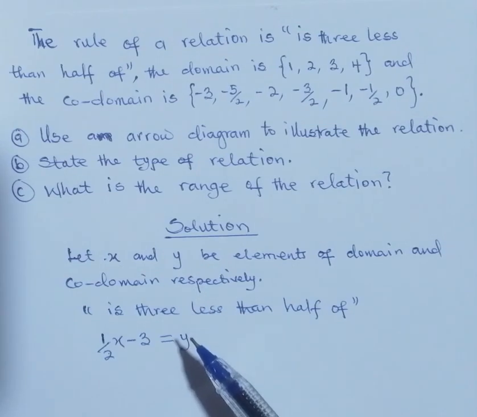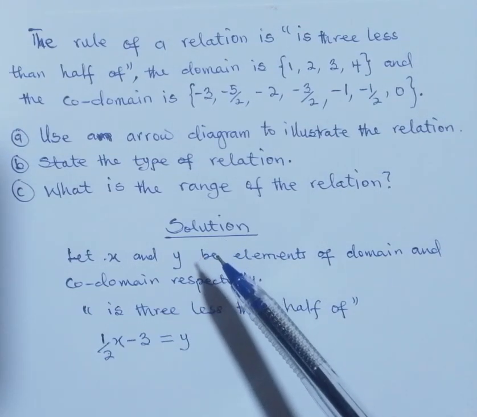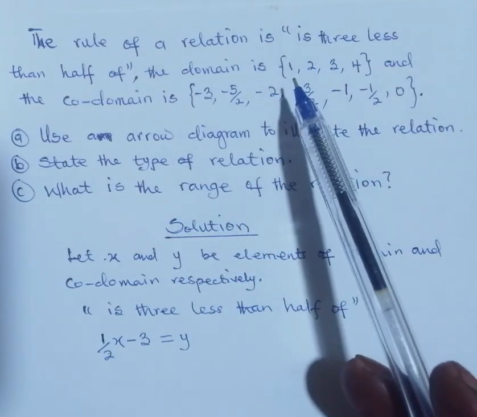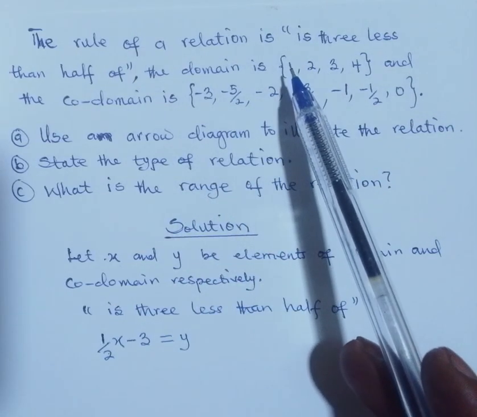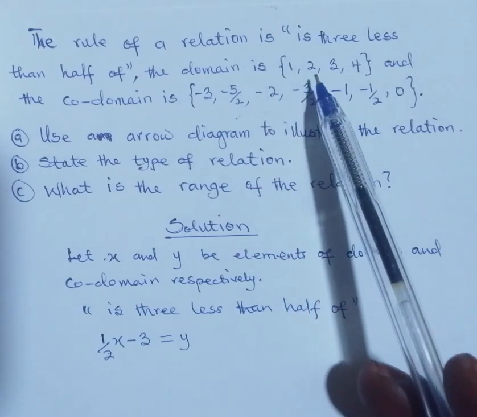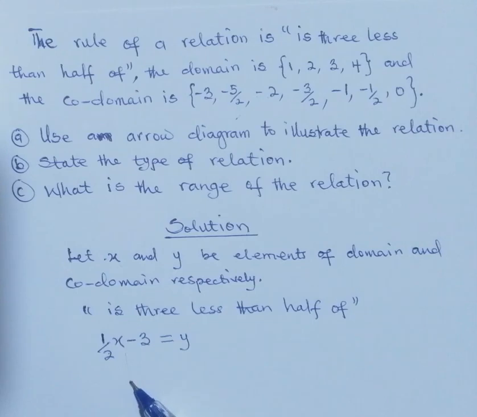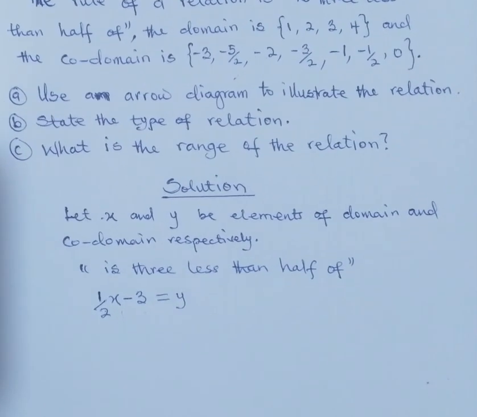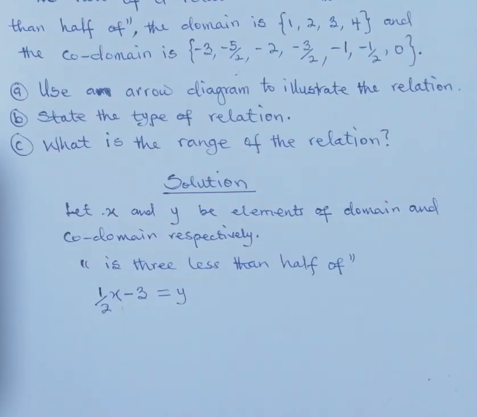Yes, we could have gone straight away to draw the arrow diagram, but how do we know that the domain element 1 corresponds to any element here? We don't know, so we need to show workings and use the rule given in the question before we can draw the diagram.